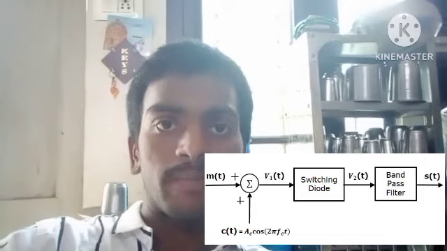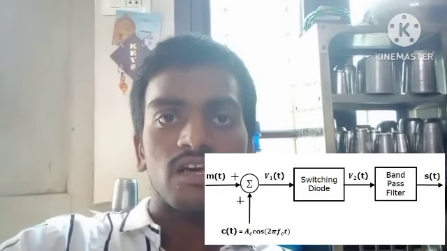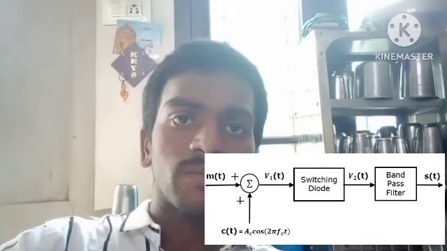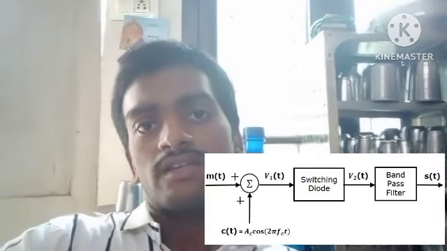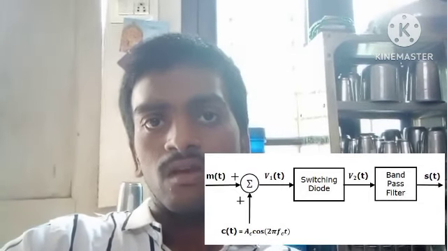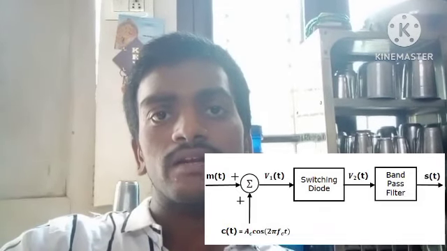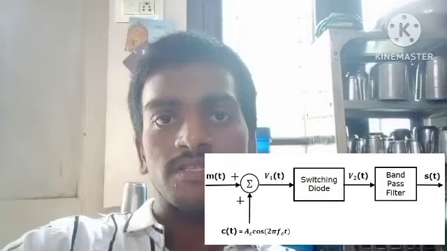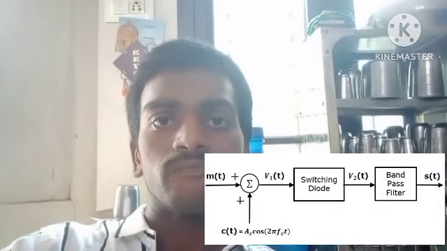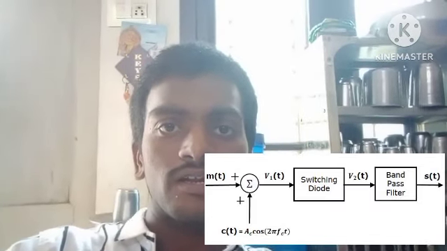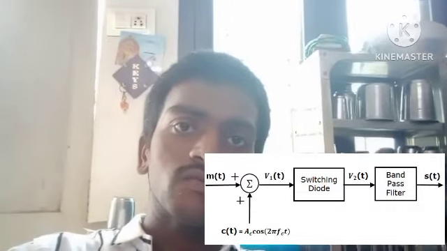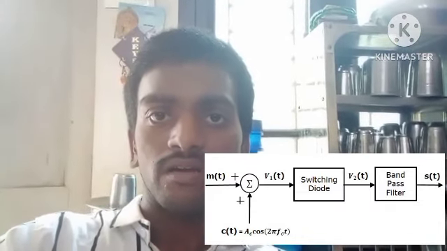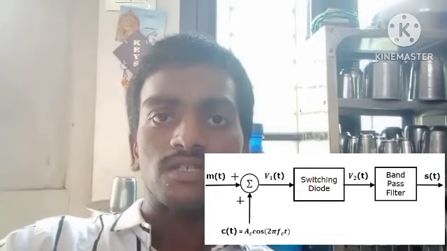Here the message signal and carrier signal are combined and applied to the switching element, represented as V1. The diode acts on for the positive half cycle and off for the negative half cycle, and the output is represented as V2. After getting V2, it is applied to a band pass filter, which allows only the required frequency components.